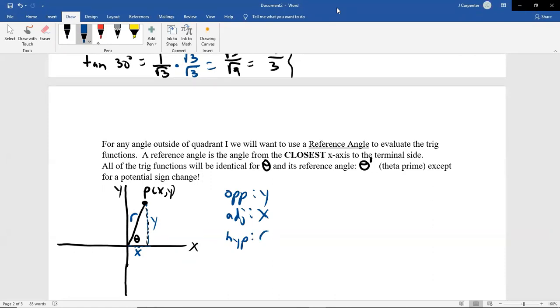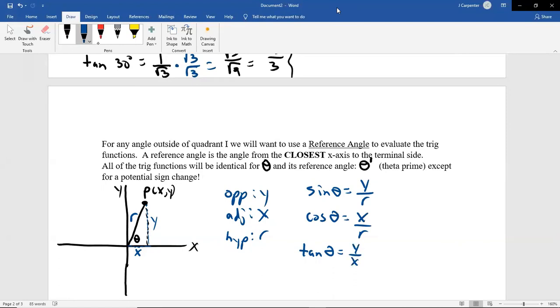So that your 6 trig functions are just the sine of theta would be the y value over the radius. The cosine of the angle would be the x value over the radius. The tangent of the angle would be opposite over adjacent, y over x. See, I'm just giving these different names.